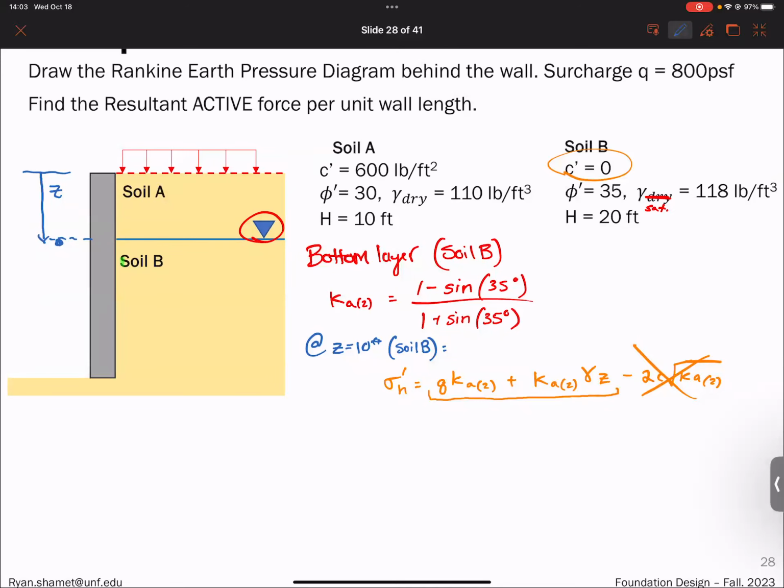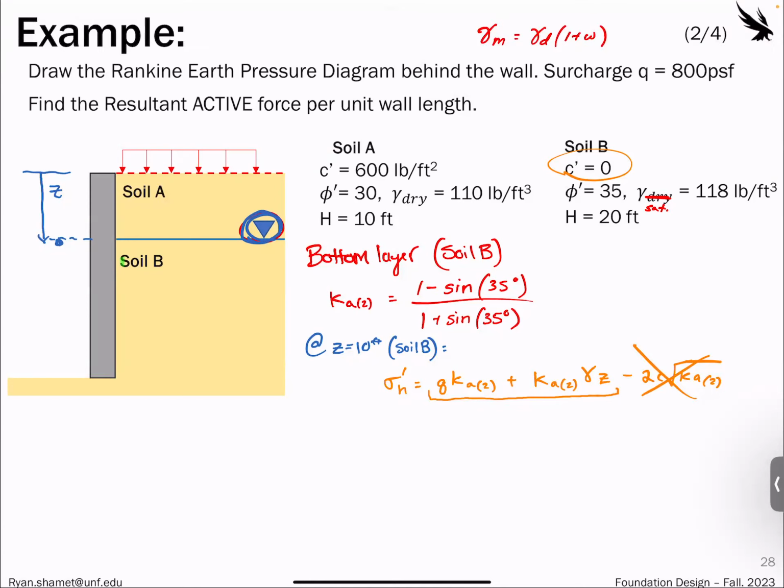Now, the thing to note with this though is since we have the groundwater table, remember all of this analysis, all these K values, this is for effective stress only. So this means if below the groundwater table, then what we use is a gamma submerged. So gamma submerged is just the unit weight of the soil minus the unit weight of water.